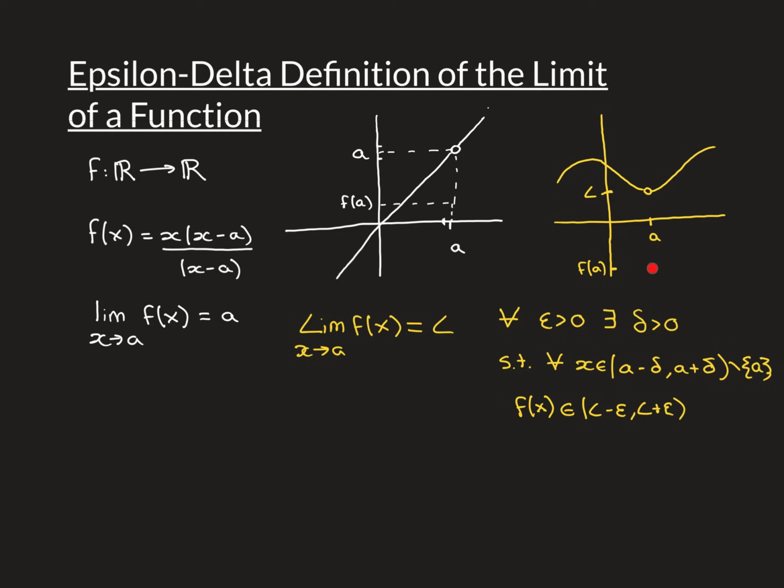And I've said that actually the value of the function is something completely different. It's down here. So the actual point for x is equal to A, where it's being mapped onto, is down here. So let's now use this picture to understand why this definition captures the intuitive notion of convergence.